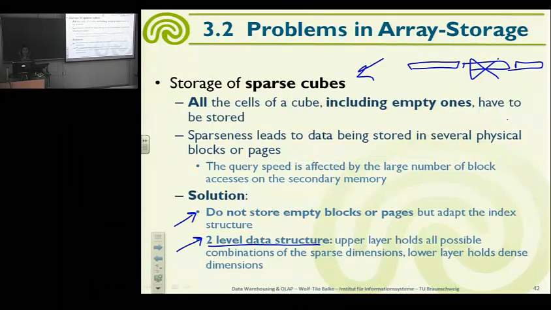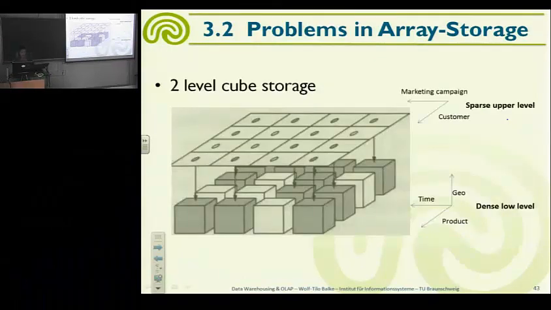Another solution for sparse cubes is to use two-level structures. So the index was one solution. The second solution is to organize your data on two levels. So you hold all the sparse data on the higher level and all the dense data on the lower level. So for example here, you have a two-level cube storage, which is the solution.